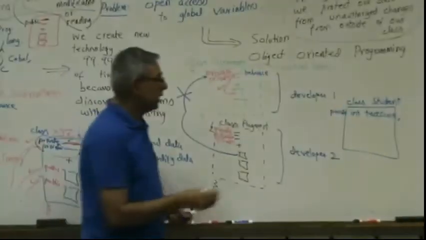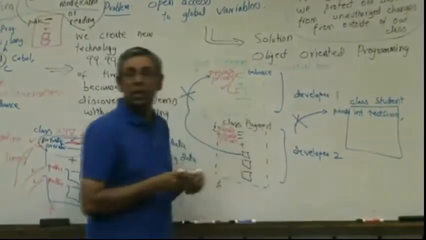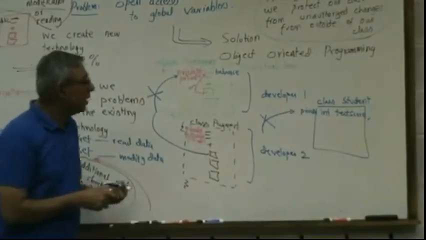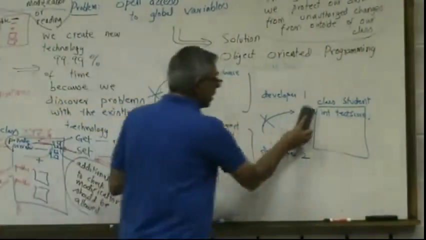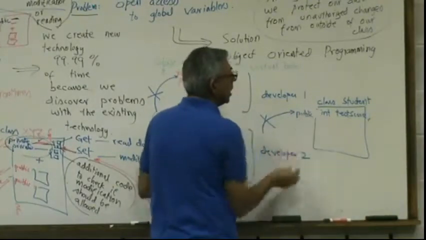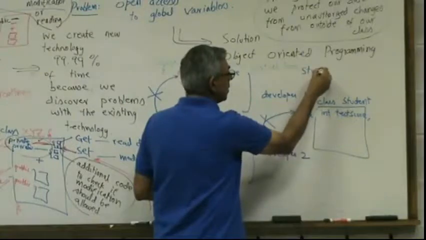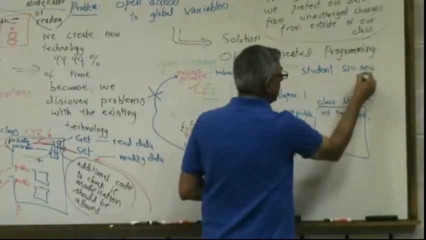So obviously from the outside somebody cannot modify it, right? Because we made it private. Now what if I make it public? And suppose we created one student, student S1 equal to new student.